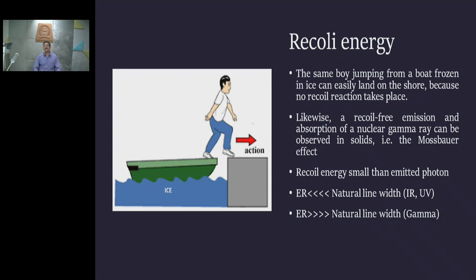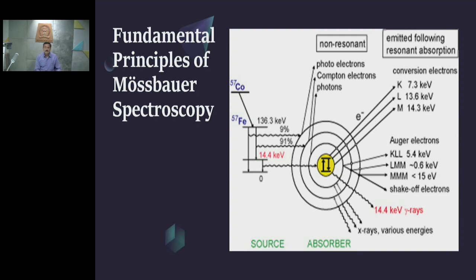Therefore in IR and UV there is no need for a solid matrix to hold the sample or source. While in Mossbauer spectroscopy, the recoil energy is very high compared to the natural line width, and therefore there is a need to put it into a solid matrix. Then we see the fundamental principle of Mossbauer spectroscopy.